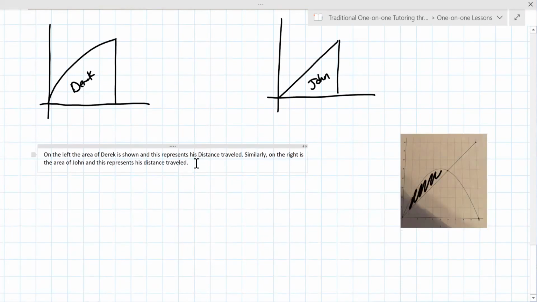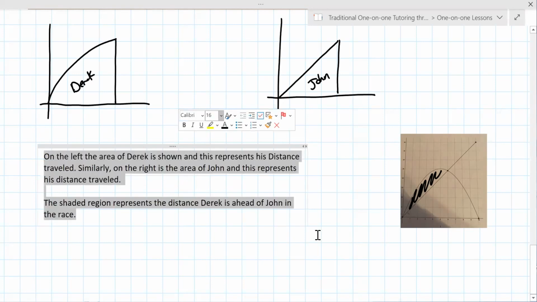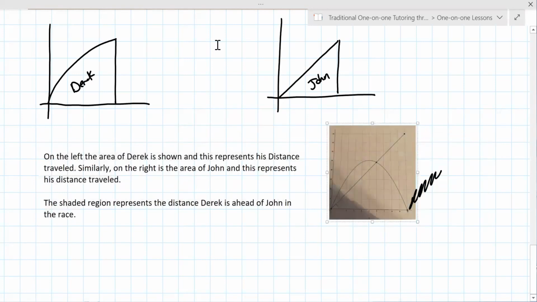Then you want to say the shaded region represents the distance Derrick is ahead of John in the race. That didn't move. There it is.